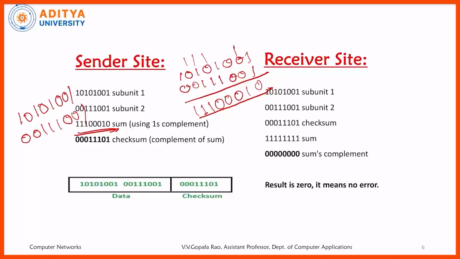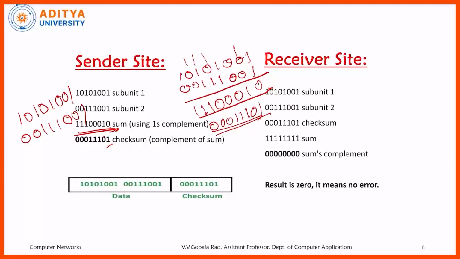So, the entire thing is now replaced by following the ones complement process. This 0 is replaced as 1, 1 is changed to 0, like that. Now it becomes 00011101. So, this is the checksum, in our terminology.